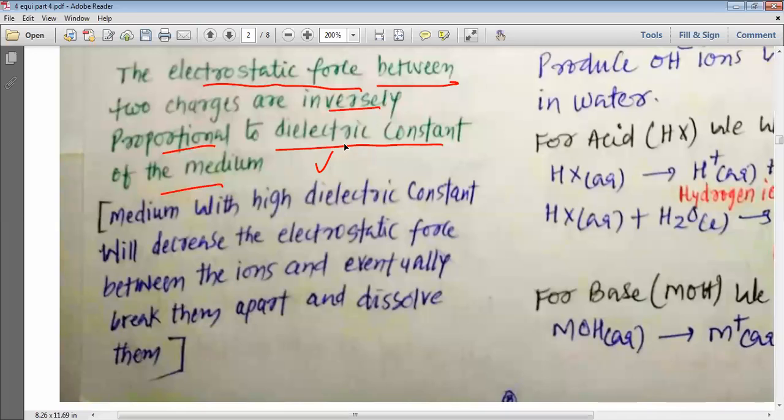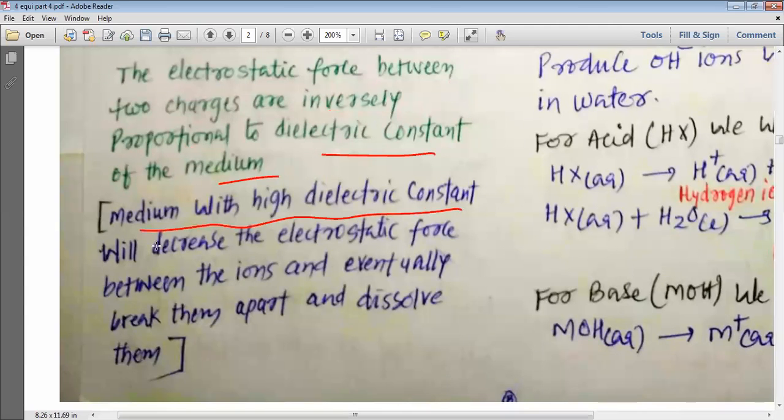So when you put an ionic crystal into a particular solvent, this solvent has some dielectric constant, and the higher the dielectric constant of the solvent, the more the electrostatic force between the ions is decreased. So we can say that the electrostatic force between two charges is inversely proportional to the dielectric constant of the medium.